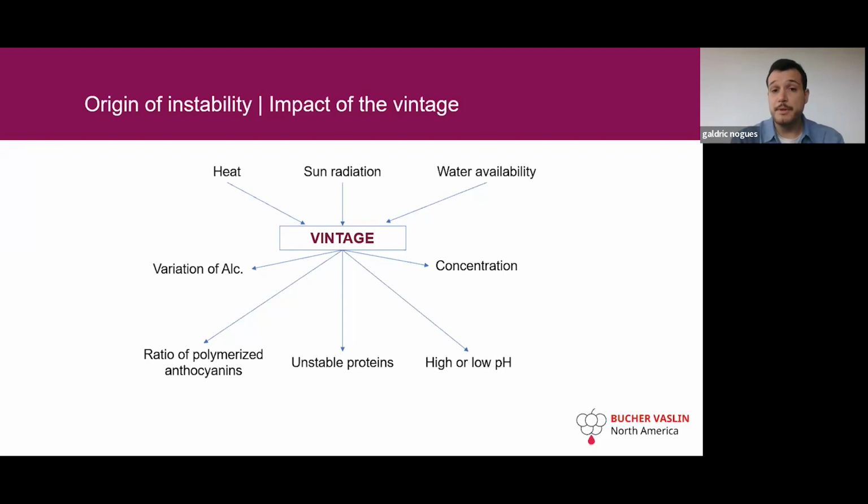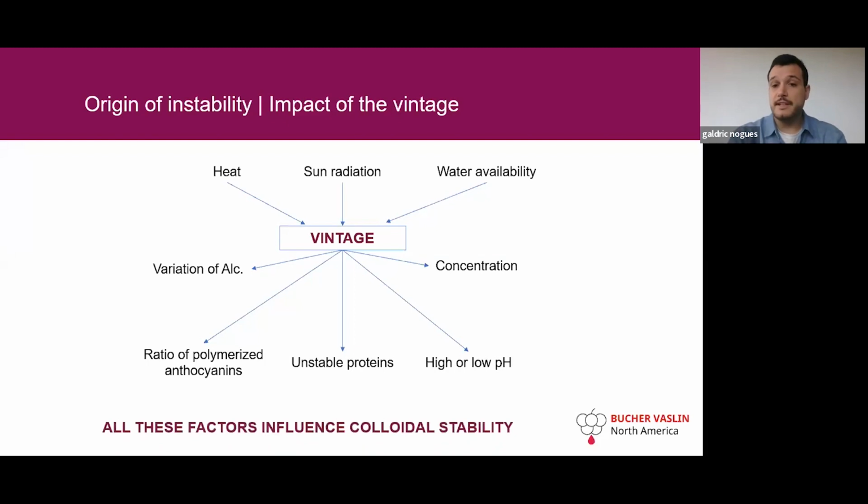The ratio of polymerized anthocyanins, when it comes to rosé or red wines, is very well connected to color instability. And you have the production of unstable proteins. In the case of a dry and warm vintage, these unstable proteins represent a risk for the stability of the wine. So all these factors are involved in what we call globally colloidal stability.